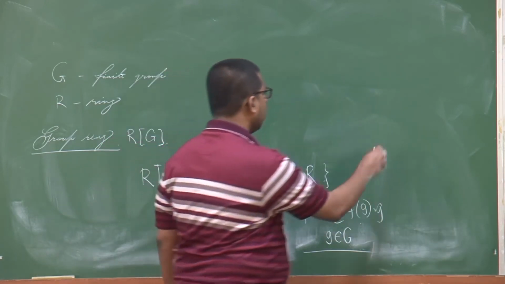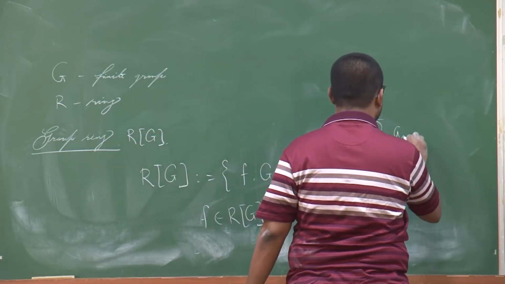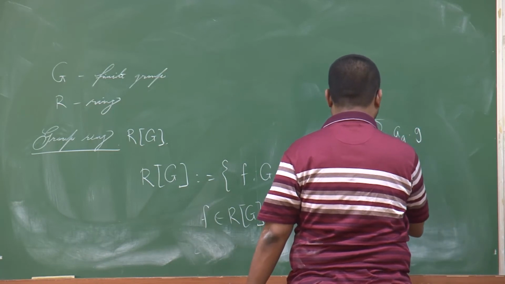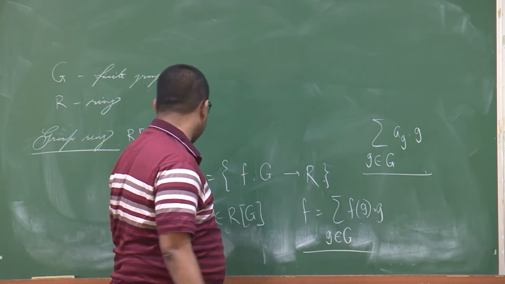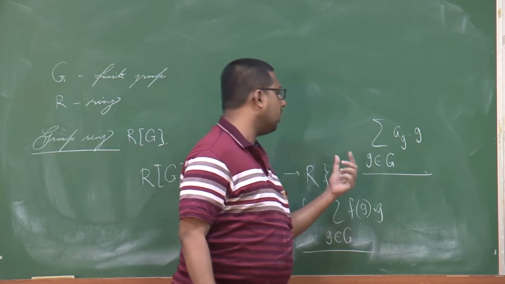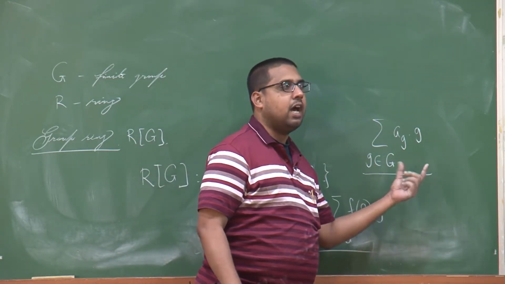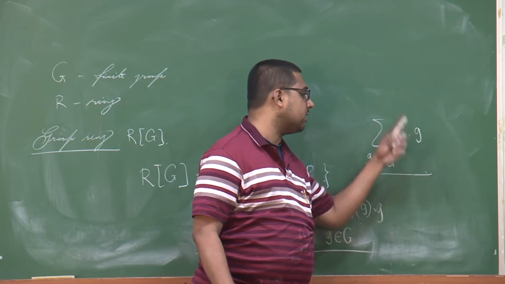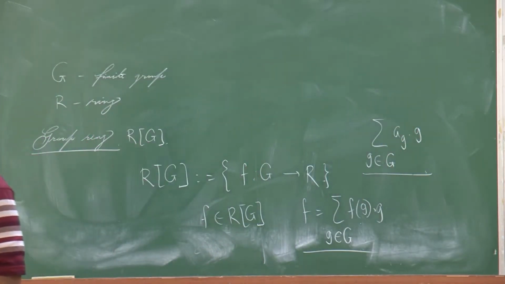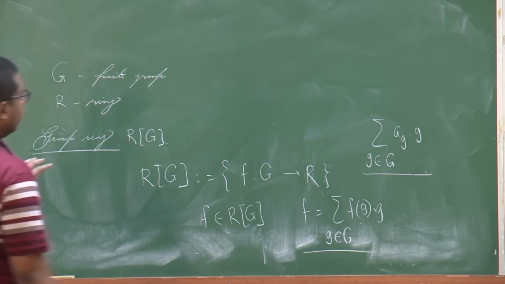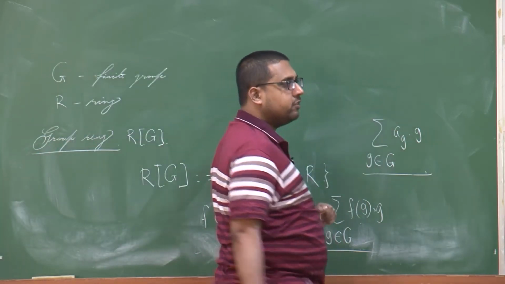So if I write an element of this collection this way, that means I am considering the function which takes the value a_g at the given point g. Let RG be the collection of all such functions.